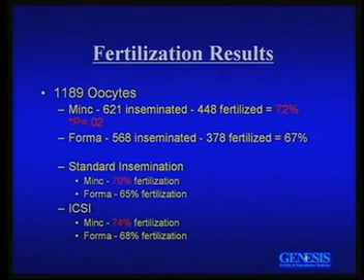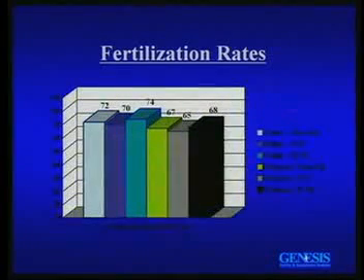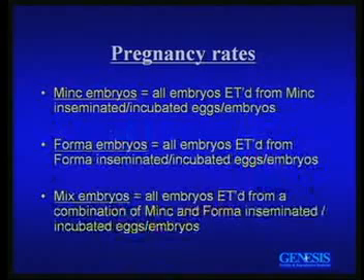Again, these are sibling oocytes. With ICSI, the MINC fertilization rates were 74%, and the Formas 68%. Here's the overall fertilization rates in the MINC versus the Forma, and then here are the breakdowns of the various categories in both the MINCs and the Formas.